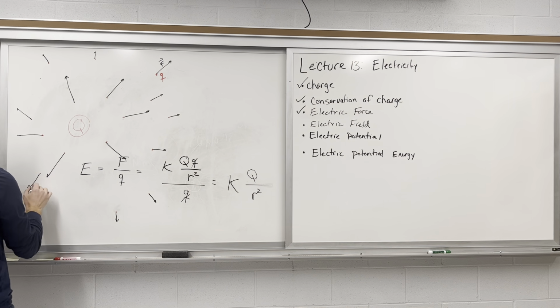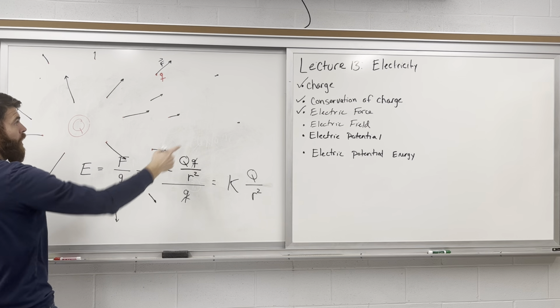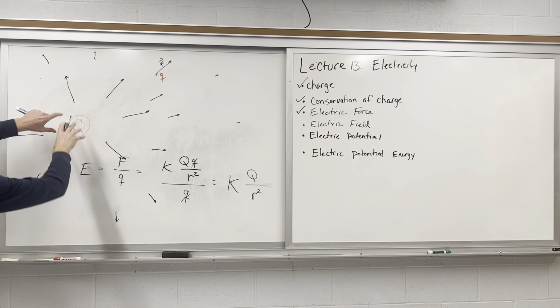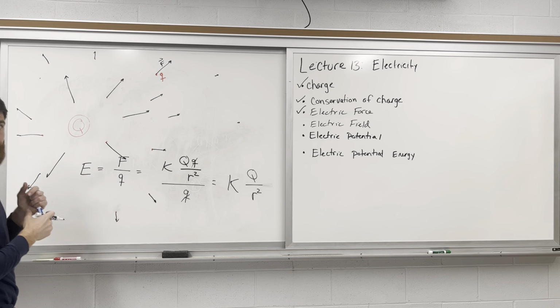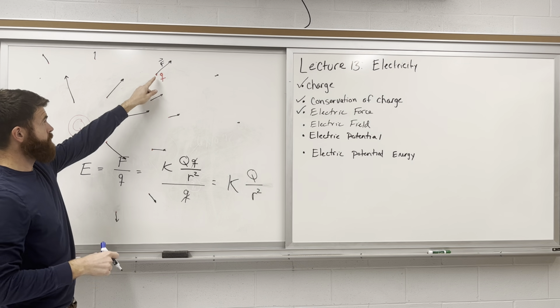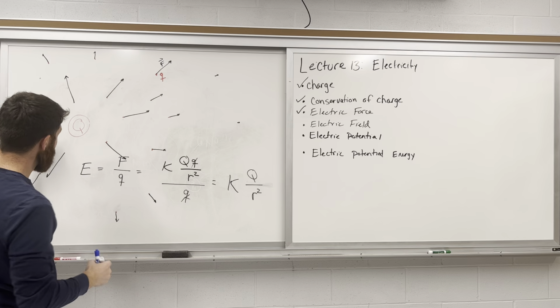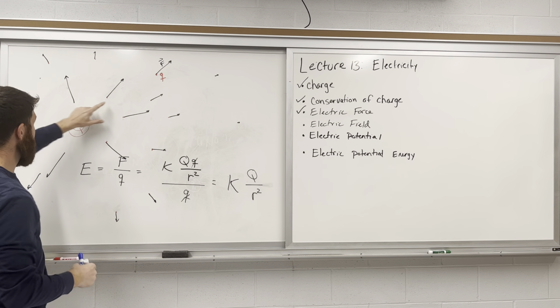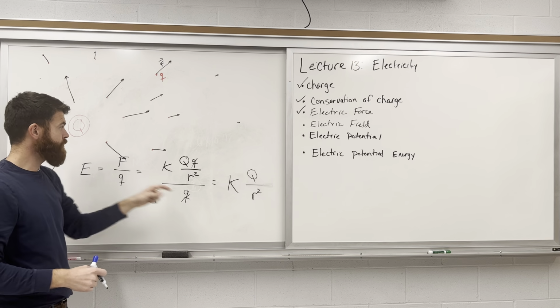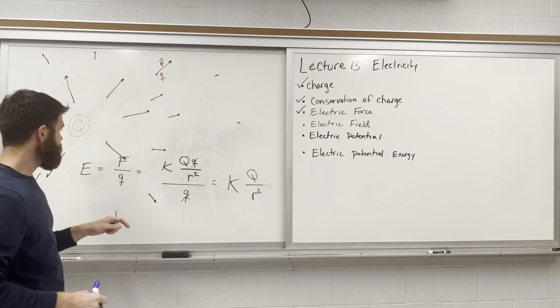And you'll notice that the further I am from Q, say over here, the weaker the force is, because it's further away. R is bigger. So the force that this positive charge, capital Q, exerts on some test charge, little q, anywhere, is going to be radially outward from the charge, and it's going to get weaker as you go further away from the charge. So this is the field strength.